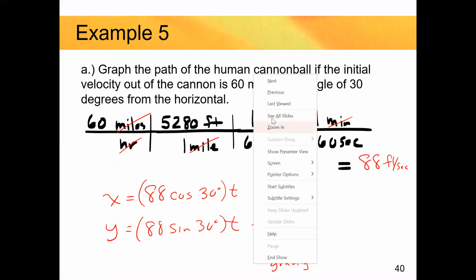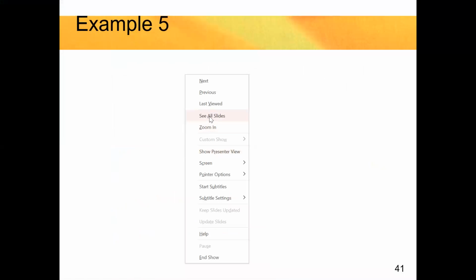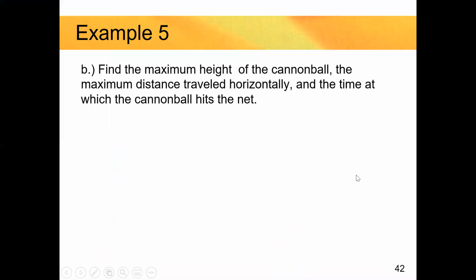We need to find a few things here. If I can get to the right slide, there it is. Can you find the maximum height of the human, the maximum distance traveled horizontally, and the time at which the cannonball hits the net?